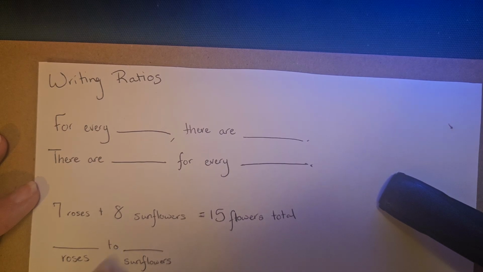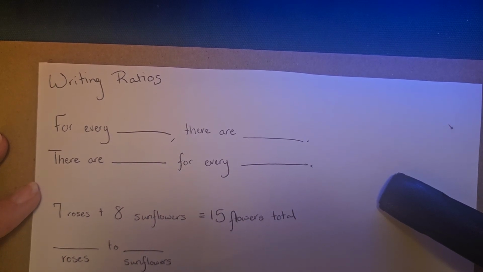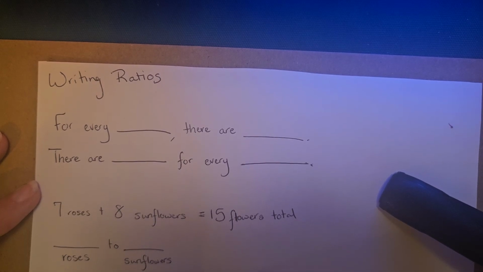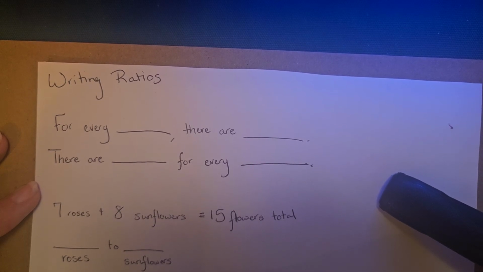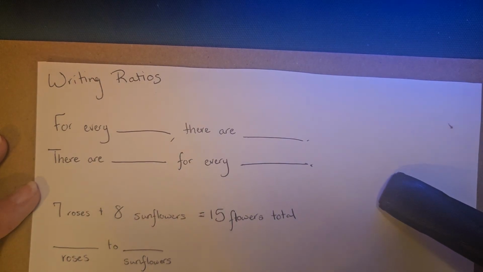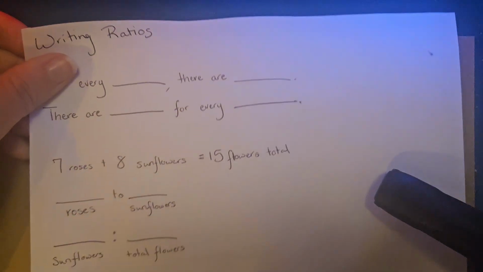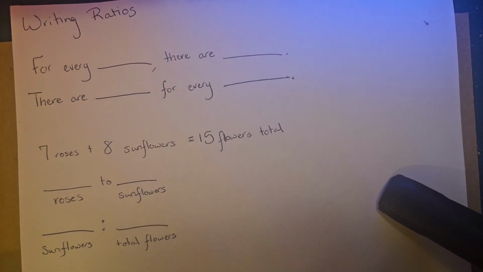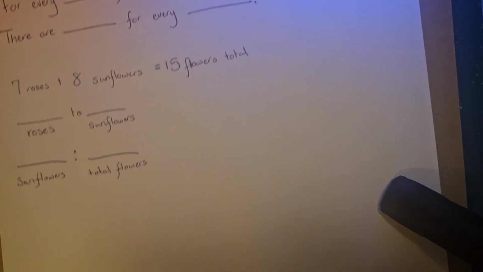The second one says the ratio of sunflowers to total flowers. So in the first box, you're going to put how many sunflowers there are. And then here's our ratio indicator. The second blank, you're going to put the number of total flowers, which we've already figured out. Oh, you can't see that. I'm so sorry. Let's slide that down a little bit more.